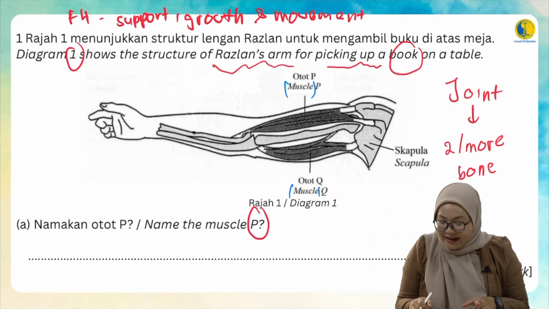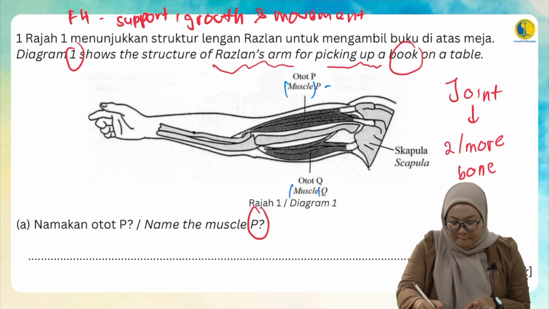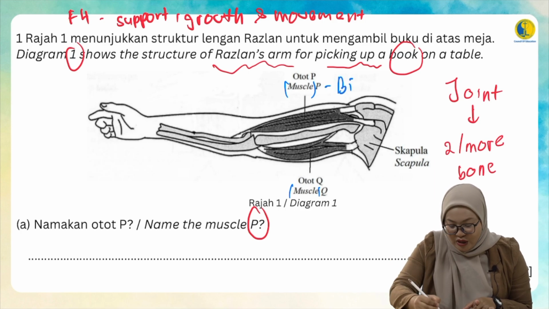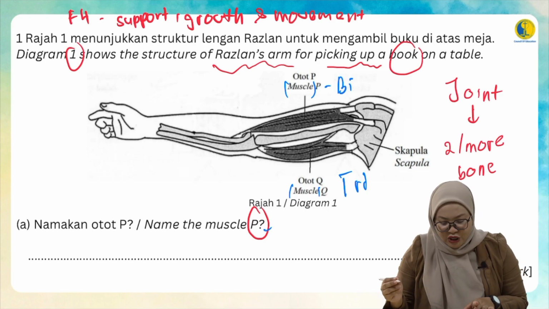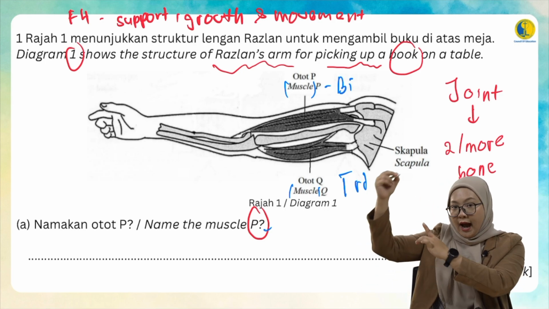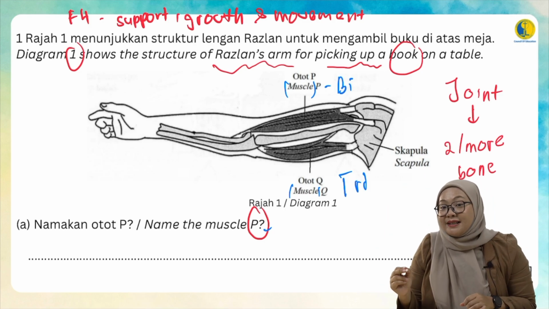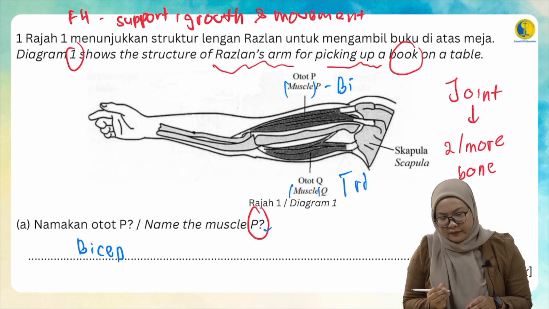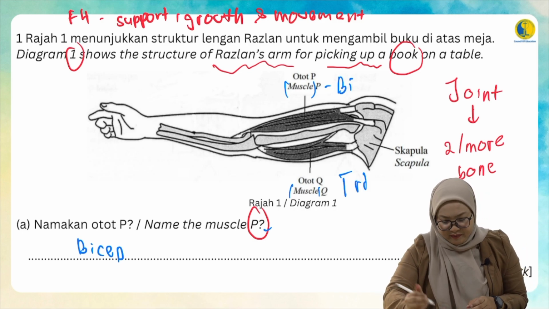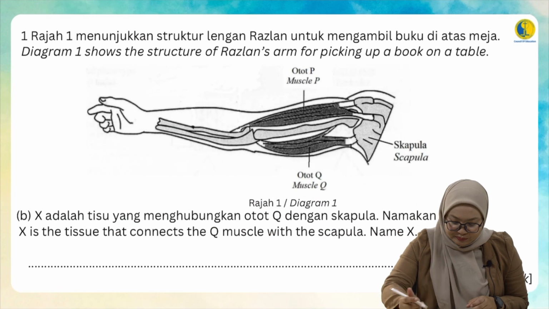Then you can answer already. The question is asking P. P is the upper part, bicep. So you write bicep. This question is quite easy. Okay, so the next one.